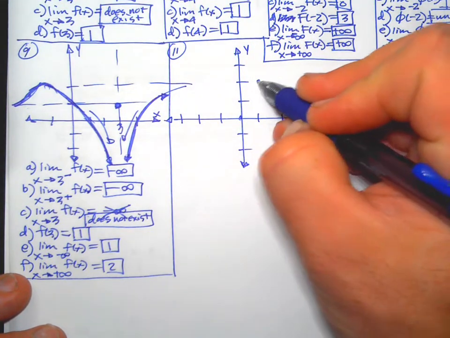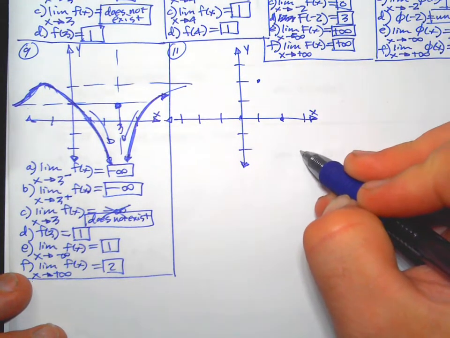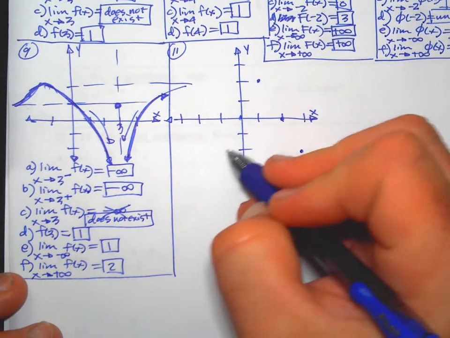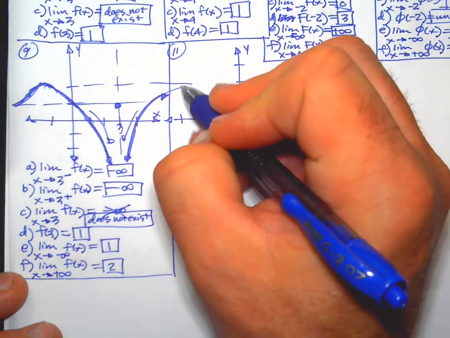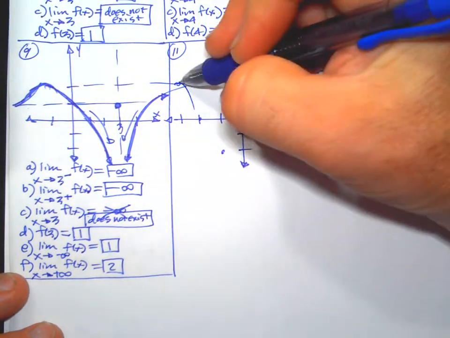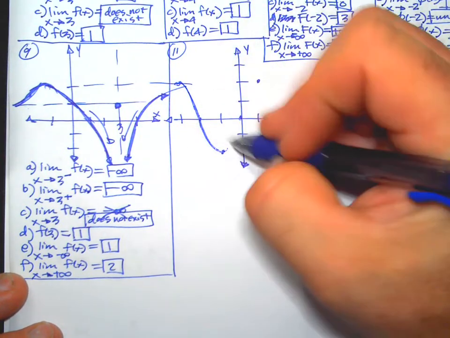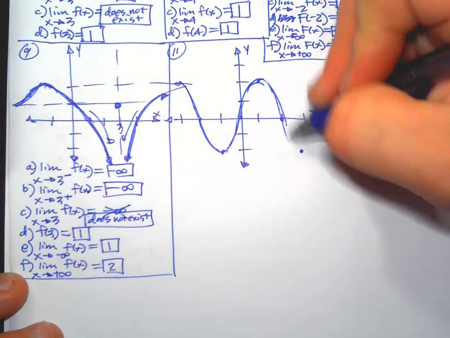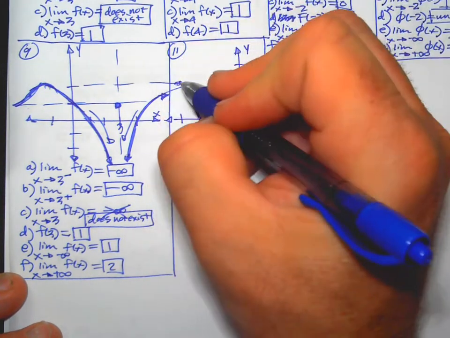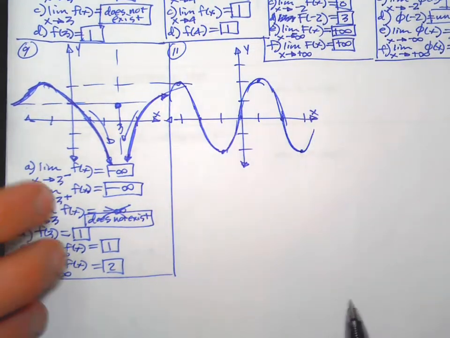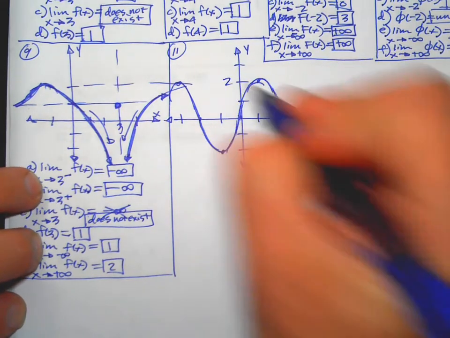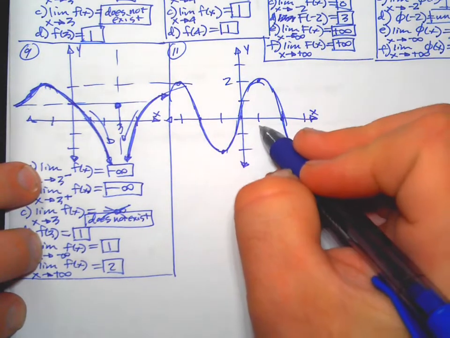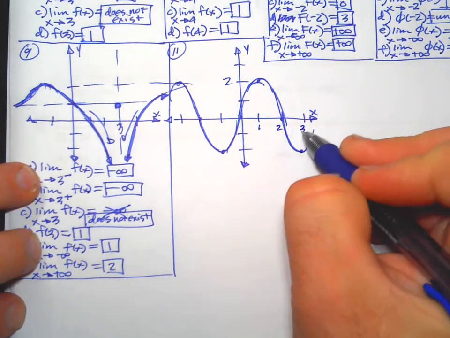Kind of looks like something like that. It looks like it keeps going. It's like the amplitude is 2. I think that these are nicer values.